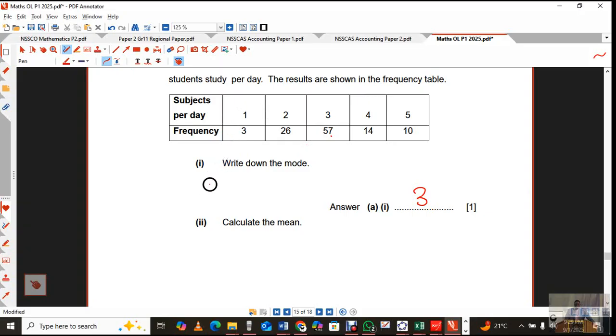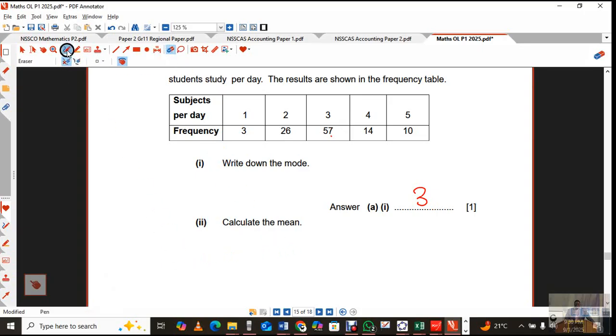That is 3. How many people are studying 2 subjects? That's 26 of them. You're not going to count 1, 2, 3, 4, 5, up to 26. That is a fundamental waste of time. Not going to work.